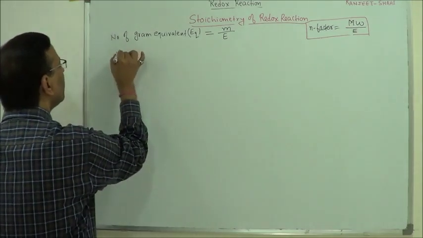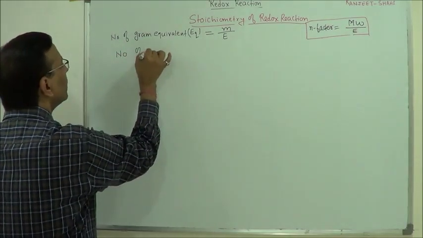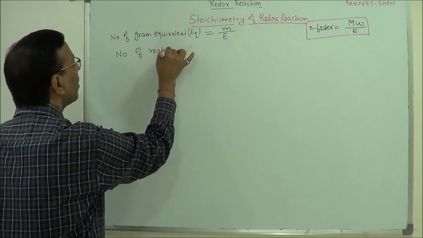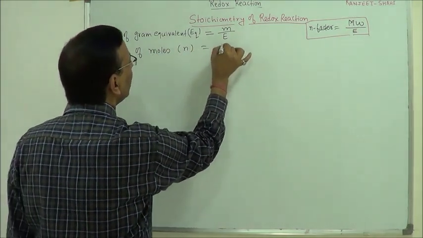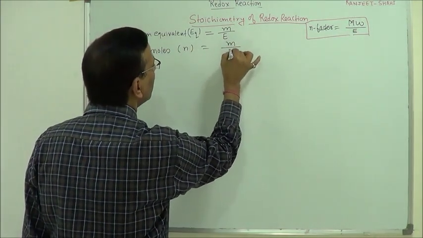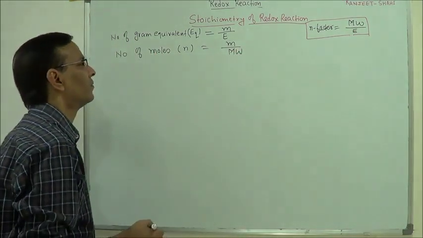Molar mass, as we all know, number of moles N is equal to mass upon molar mass.